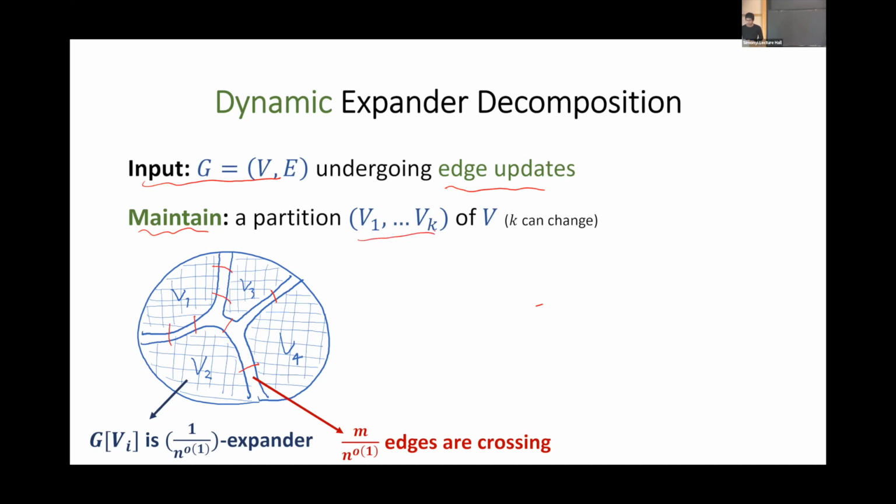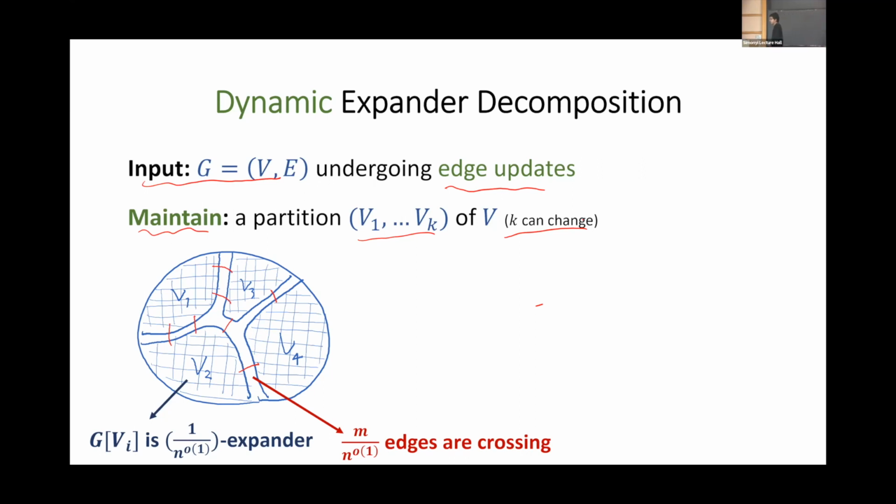The number of parts can change through the steps. What we want is that each part remains a good enough expander at all times, and also at every time step, the number of crossing edges is a small fraction.